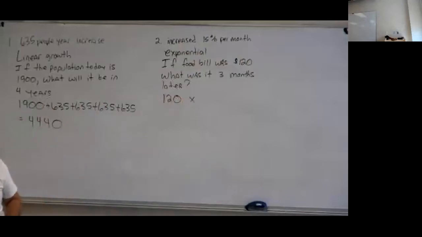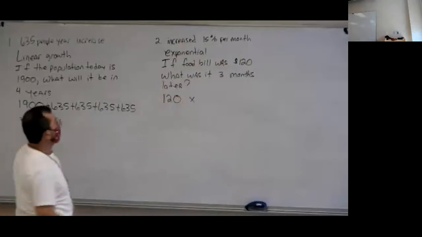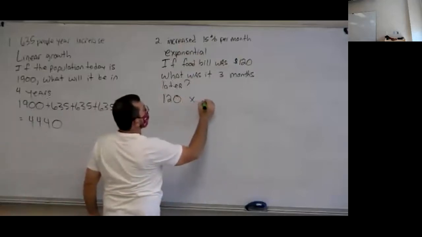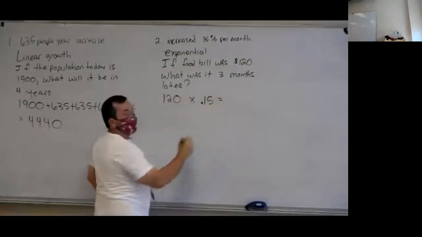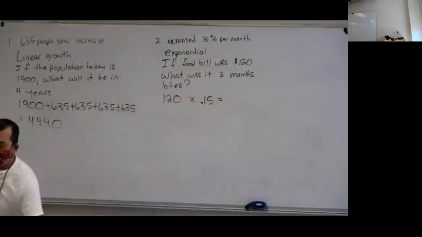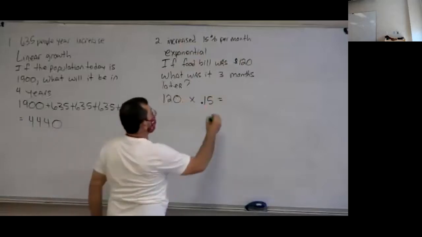We're starting with $120. What was the percent they said to go by? 15. So that'd be like multiplying by 0.15, right? So let's see what is 15% of 120. I'm getting $18.